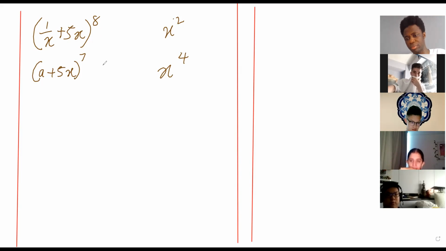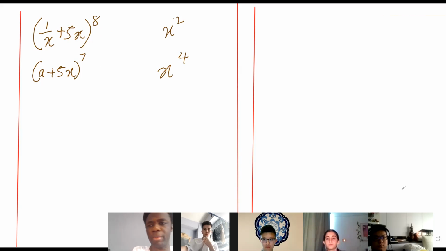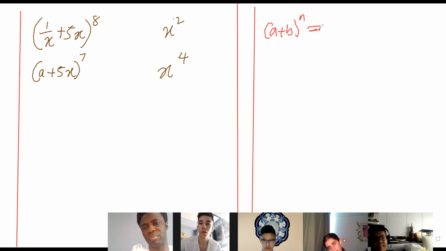Understand? So the idea of coefficients, we use the general term. Does everybody remember that? General term. If you're expanding a binomial, it's different from just bringing out any random term. A binomial (a + b) to power n, can anybody remember the formula for the binomial expansion of this?